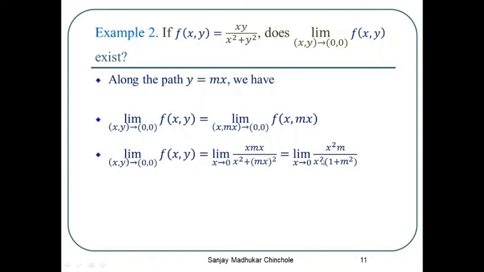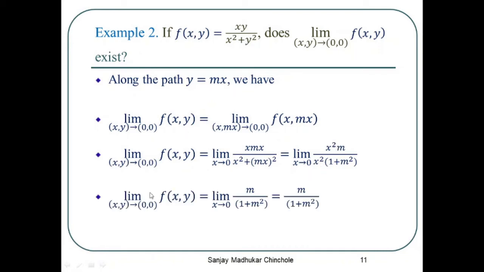Therefore, we can cancel the factor x square from numerator and denominator, so as to get the limit as x tends to 0 of m upon (1 plus m square), which is independent of x. Therefore, it becomes m upon (1 plus m square). Now we get the value of the limit of f(x, y) as (x, y) tends to (0, 0) is equal to m upon (1 plus m square).